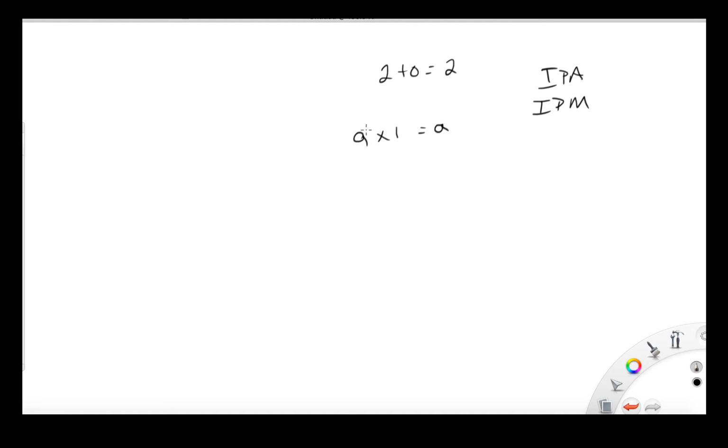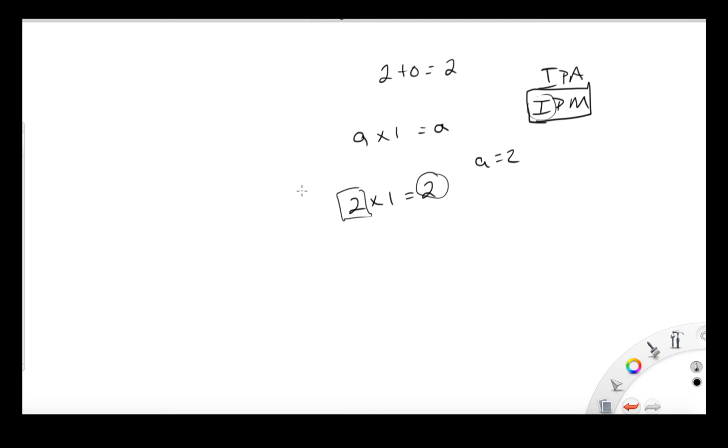Let me give you an example. If A is equal to 2, 2 times 1 equals 2. That is identity property of multiplication. Whenever you see identity, we're looking for whatever number is being multiplied as the answer. Okay, so identity property of multiplication is an example of A times 1 equals A, or 2 times 1 equals 2.